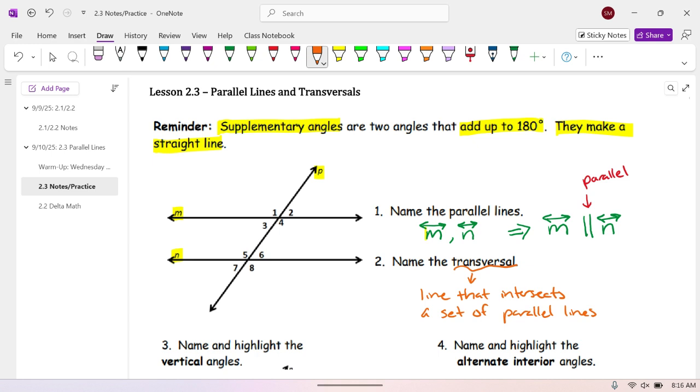So the line that's going through those two parallel lines, what is that line? It's line P. Good. So our transversal line is just line P. This is our transversal, and these two are our parallel lines.